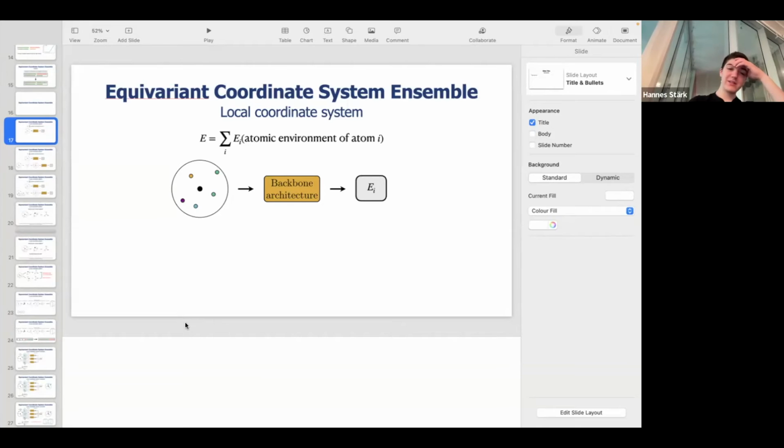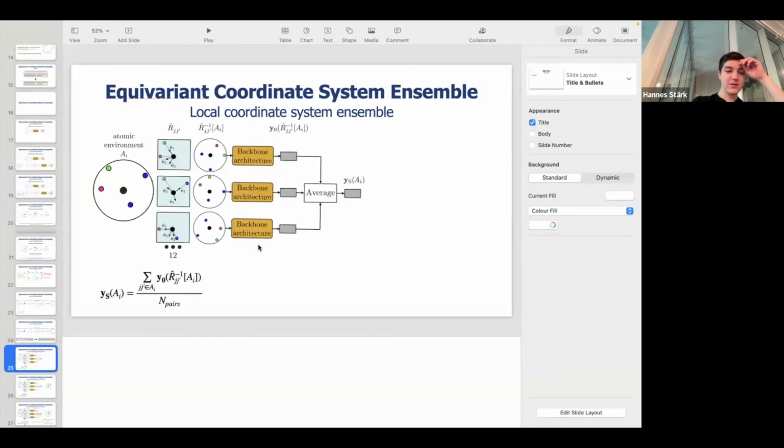Okay, I didn't follow all of that. Can you go to the slide, the one you're pointing at right now? Yeah, so for every atomic environment, if we have k neighbors, we have k minus 1 frames that we have to sum over.